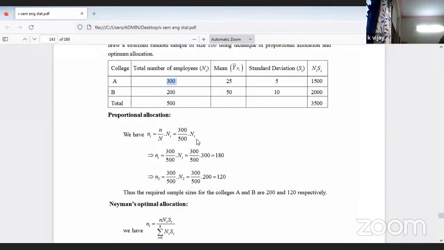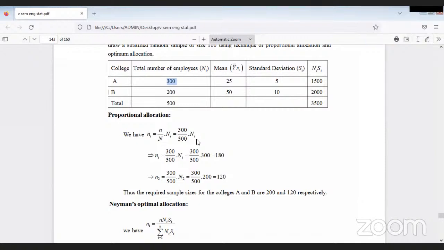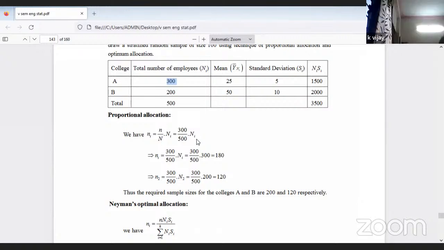Tanvir, sir, tell me. The capital N. Is the formula correct or not? Chandrakala?